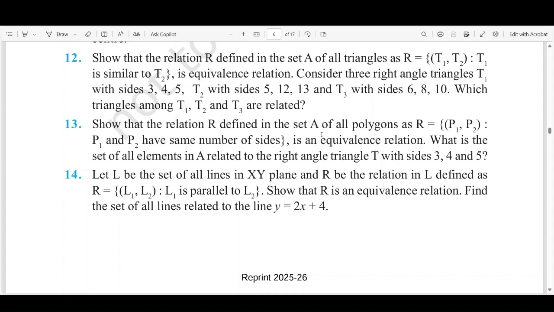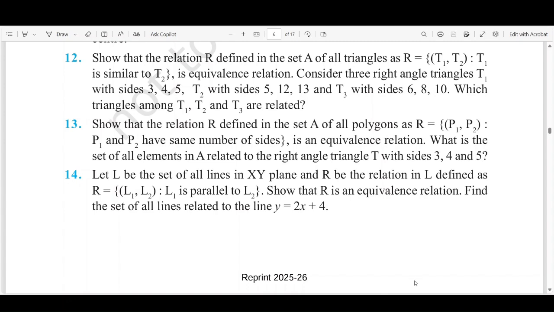That is, they will be in same shape but not necessarily of same size. Now we have to prove this relation R is an equivalence relation. Also they have given three right angled triangles T1, T2 and T3 with their sides, and we have to identify which among these three triangles are related.